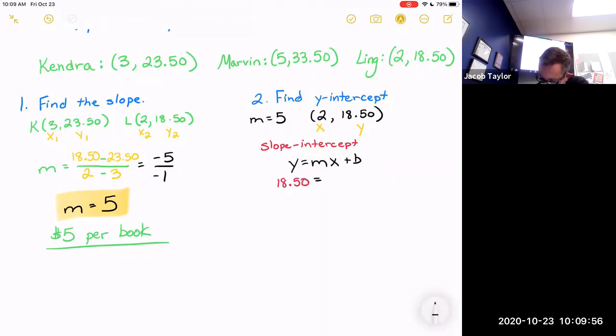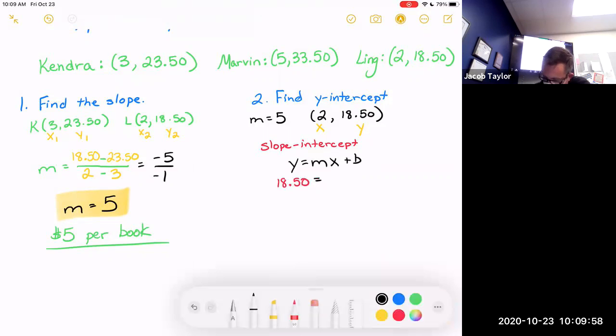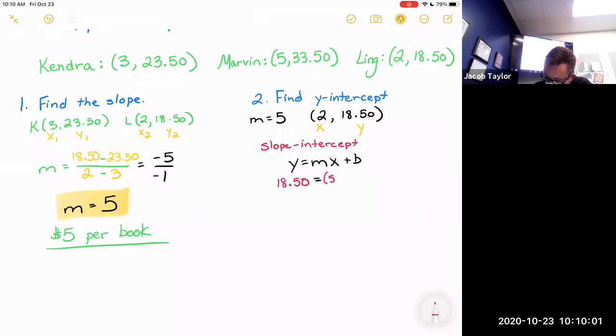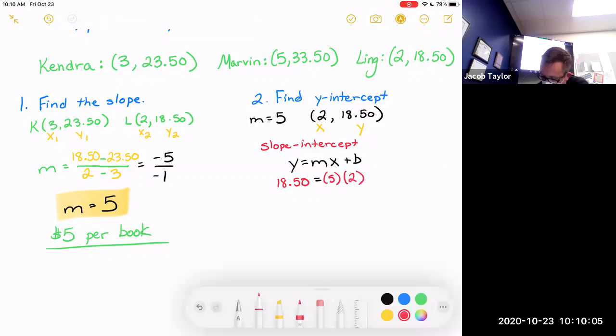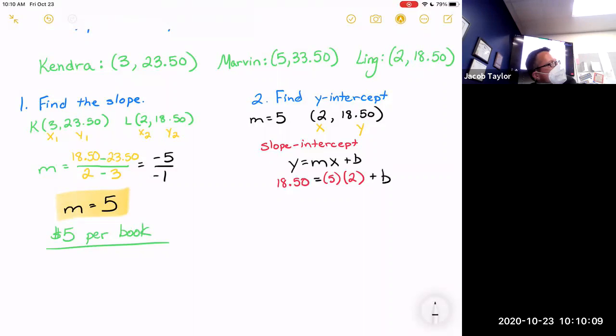Equals, my m is 5, very good, times 2, it's my x, plus b. So that'll give me 18.50 equals 10 plus b. So b is 8.5, or 8.50.